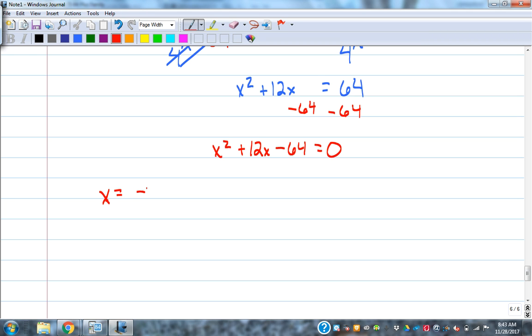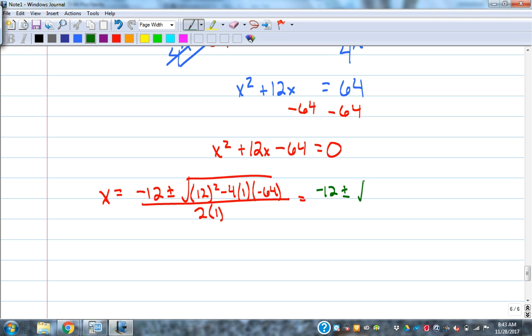x equals negative b plus or minus the square root of b squared minus 4ac, all divided by 2 times a. Then simplify that. So that's negative 12 plus or minus the square root of 144 plus, because 4 times 64, is that 256?